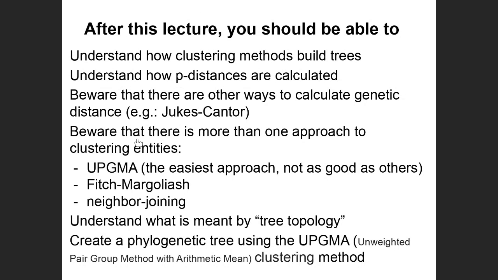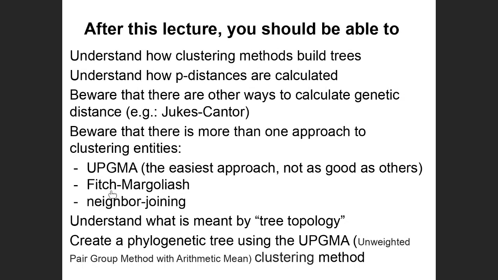So there are different ways of clustering, as I said up here. We're doing this one, UPGMA. It's the easiest. It's not as good as these other two, but it's the first one. So historically, this was the first way that people came up with to group, to cluster the entities.